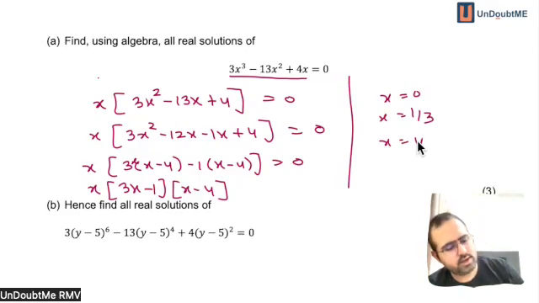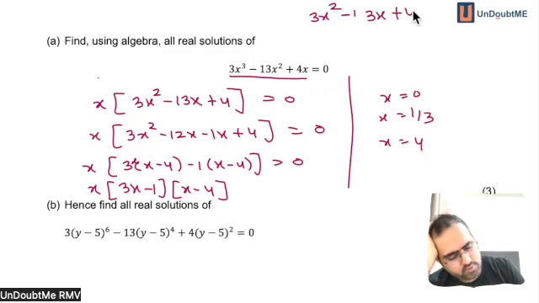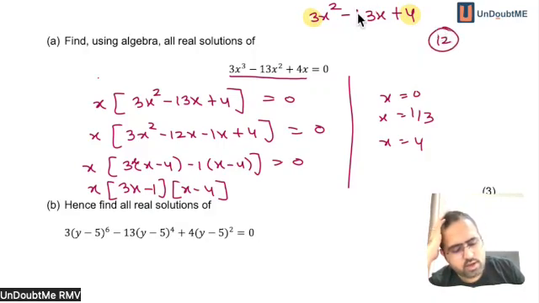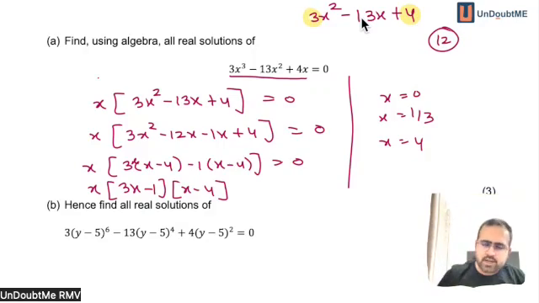Okay. For that, you just have a look at this as a quadratic. 3x squared minus 13x plus 4. So the procedure is that we always multiply these two numbers. If you multiply, what you will get? 12. Now, this 12 needs to be written in factors.